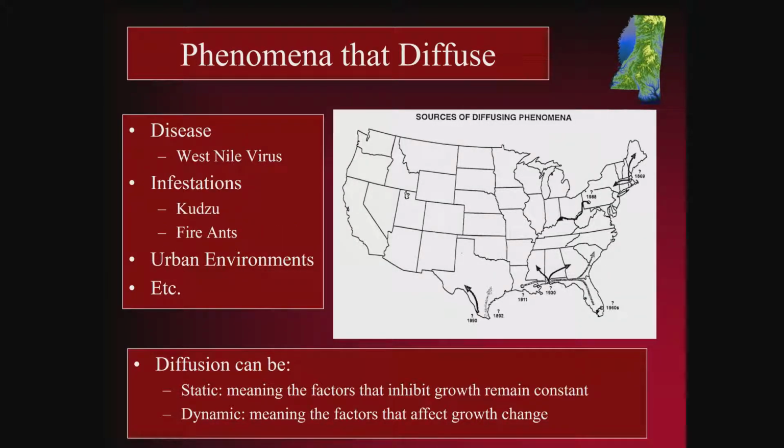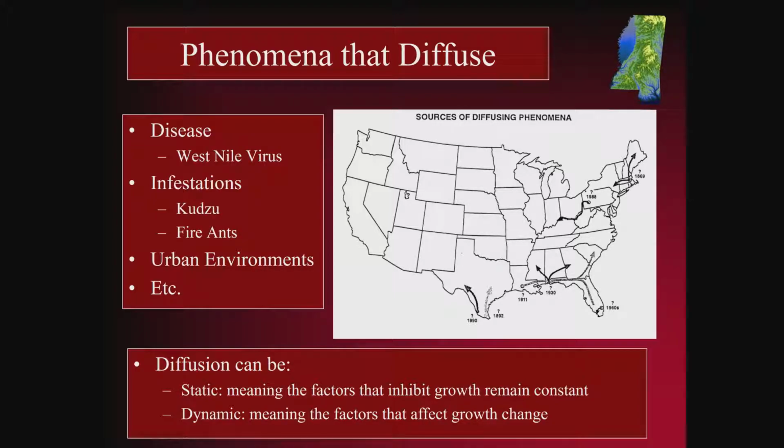Okay, so here are some phenomena that diffuse: disease, such as West Nile virus. Infestations, we know what kudzu is. We don't have as much kudzu down here in South Mississippi, but we do have it in Mississippi. It's like invasive ivy stuff that came over from Japan. It didn't just come over here.